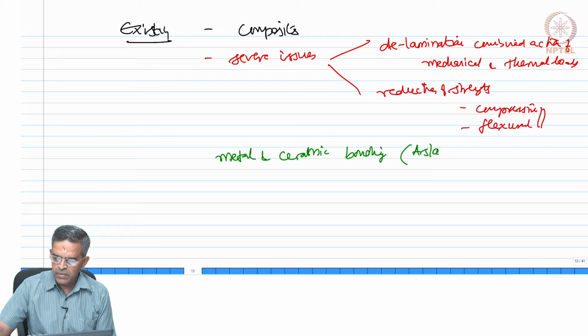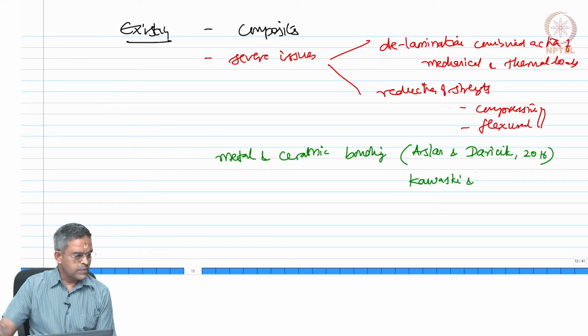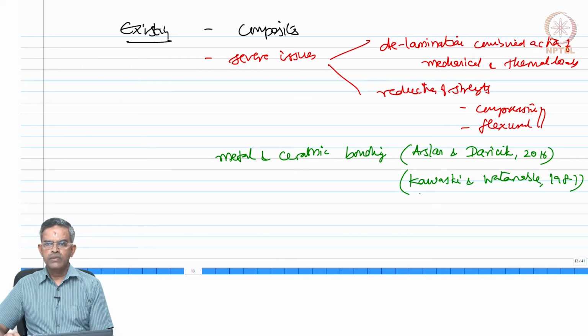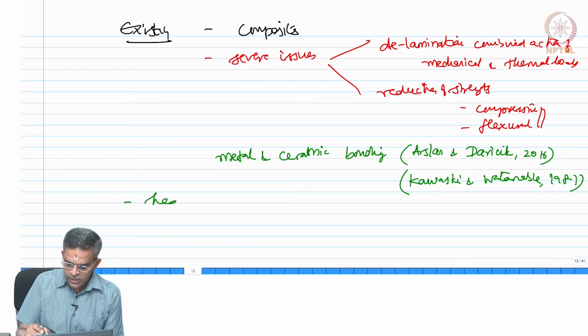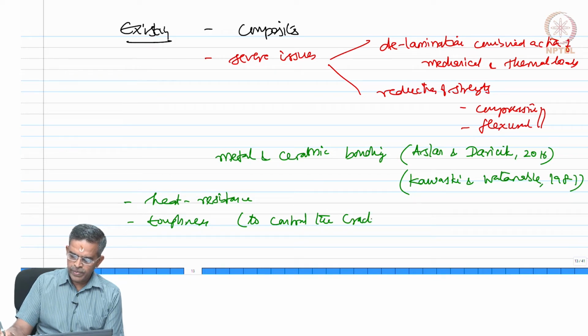Aslan and Derisik in 2016, further Kawasaki and Watanabe in 1987 gave this idea of improving the superiority of the material in terms of heat resistance and toughness, because toughness is required to control the crack propagation or crack growth.